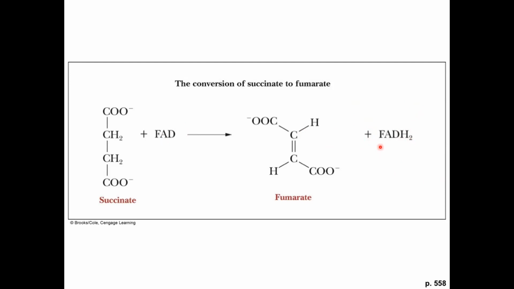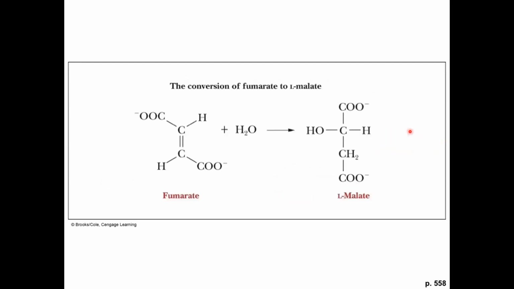Basically this oxidizes the bond between the two carbons, and we're also going to see that a different electron transport complex is going to require FADH2 when we cash these in. So just keep that in the back of your mind as well.